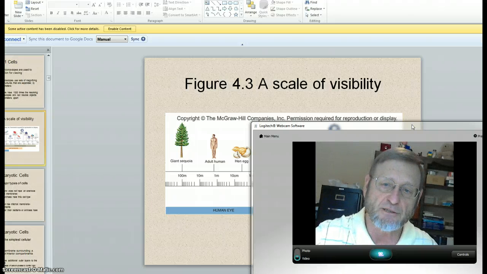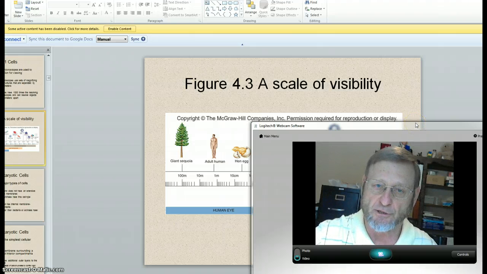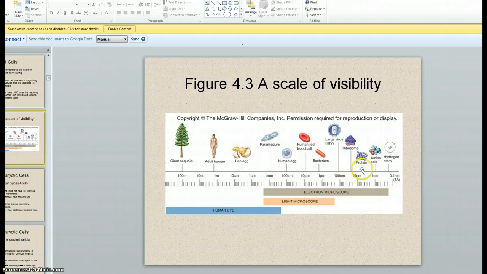And that illustrates an important point, which is why most cells are actually small. And the reason is because of the surface to volume ratio. If we think about these sizes in here, human red blood cell, for example, and that's a good one to look at.